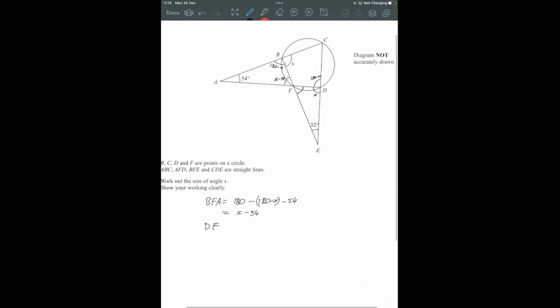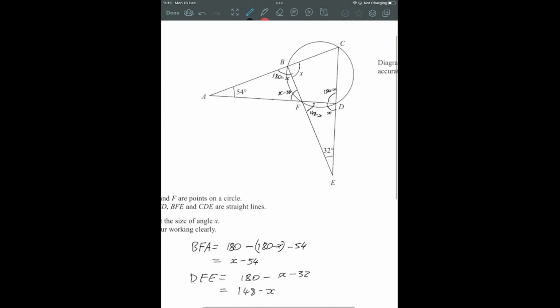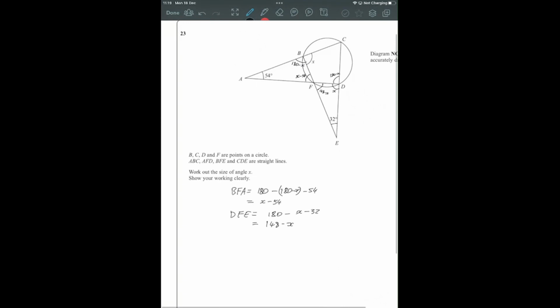DFE is 180 minus the other two angles, which is going to be 148 minus x. So that angle there is 148 minus x, but that makes an X shape. That's vertically opposite angles, so therefore they are the same.